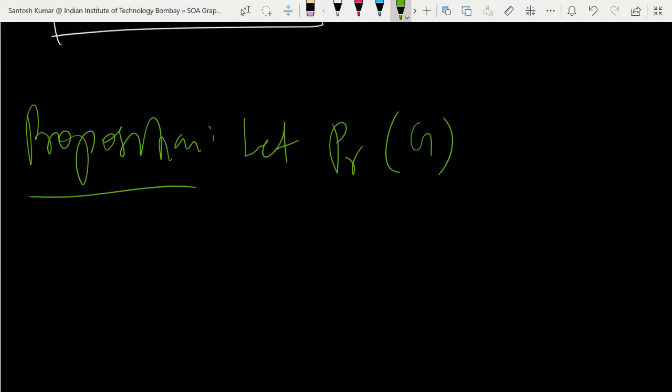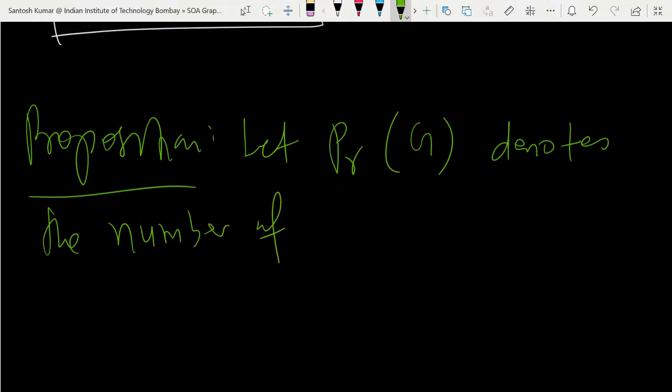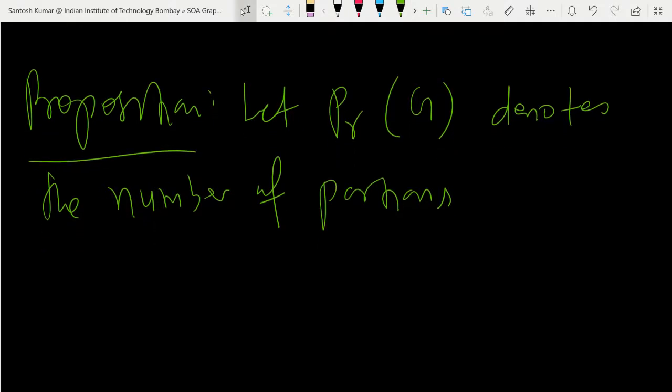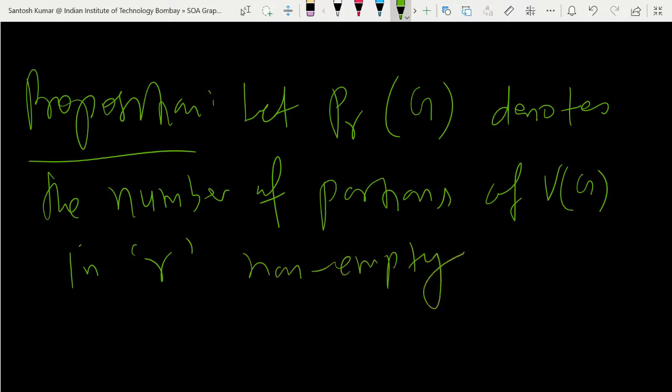This Pr of G denotes the number of partitions of the vertex set into r non-empty independent sets. Okay, what you can say is color classes.